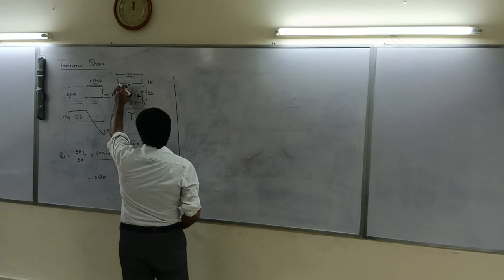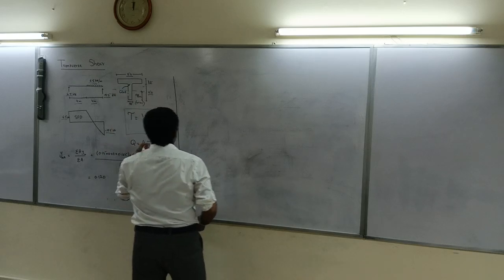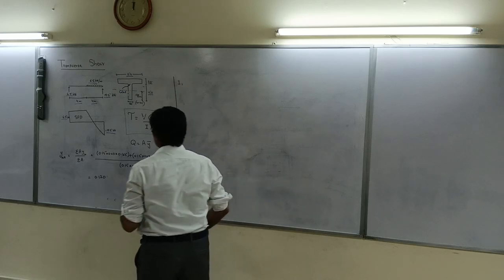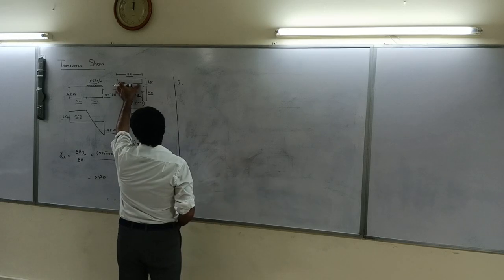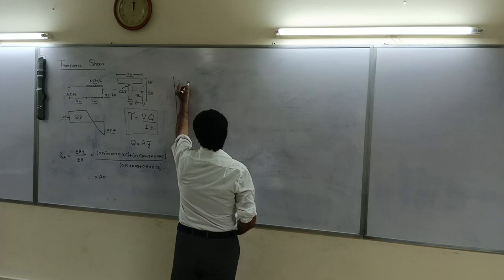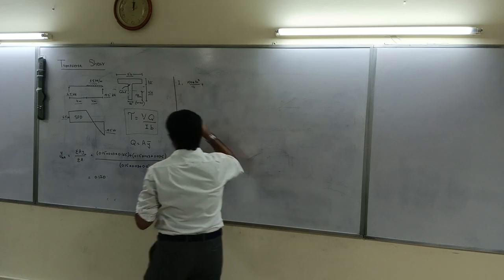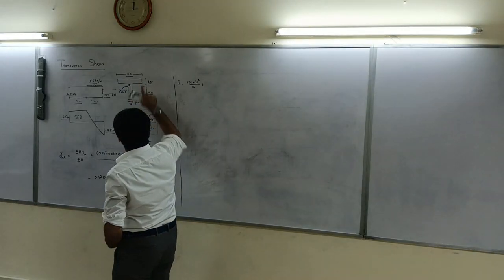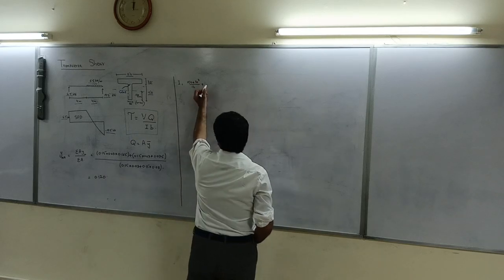So I is equal to b h cubed by 12, so 150 into 30 cubed by 12, plus A d z squared.